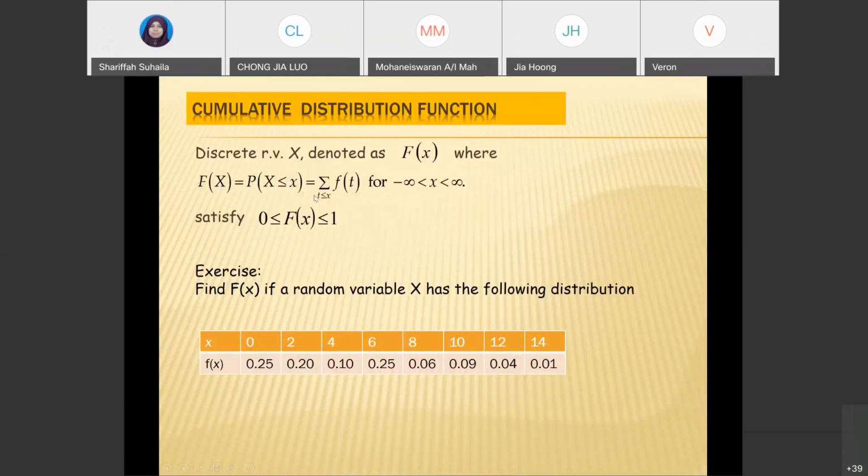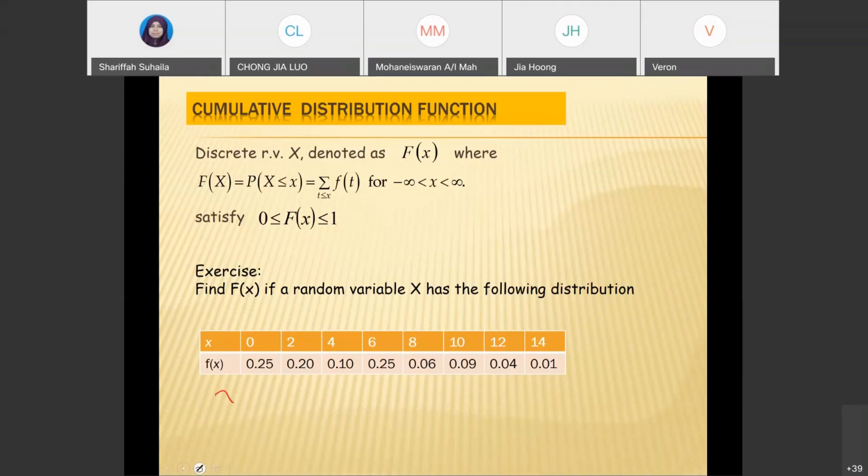You have your summation. It satisfies Fx can be either 0 ataupun total probability must equal 1. Find capital Fx if random variable x has the following distribution. Maksudnya kat sini kita dah ada probability function. So kamu nak build upkan dia.